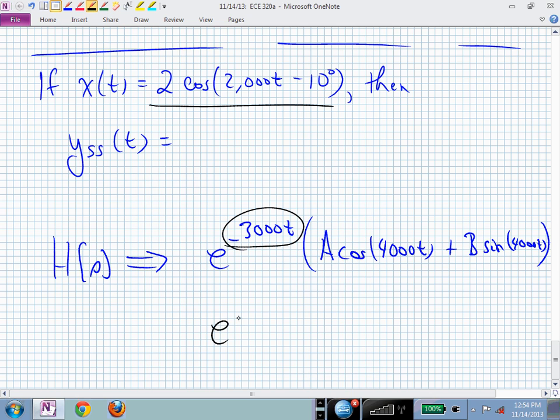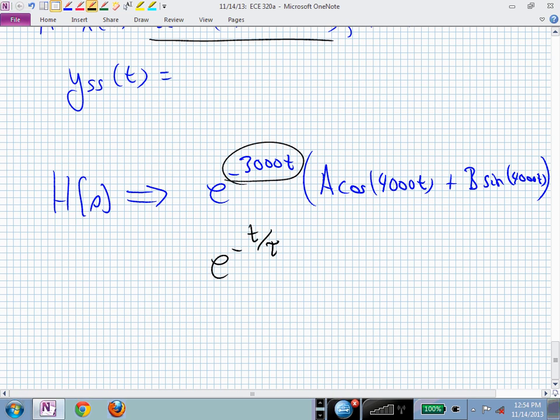If you think of this as e to the minus t over tau, you are trying to find a tau such that 1 over tau is equal to 3,000, or tau is equal to 1 over 3,000.